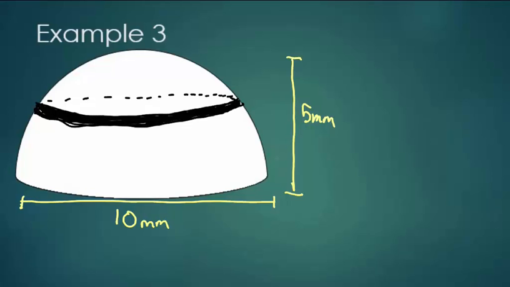But that's it. So this slice, again, is going to have a thickness of delta y, and the volume of this slice is pi r squared delta y.